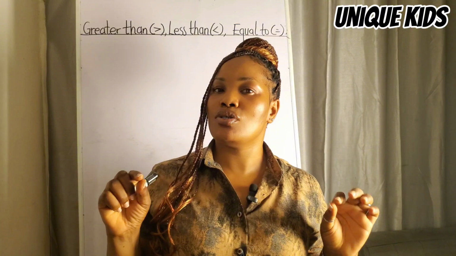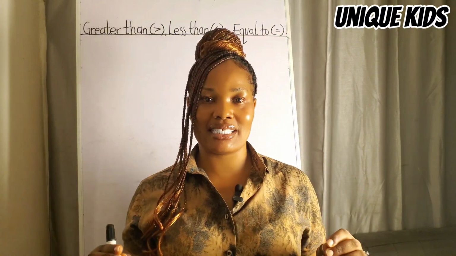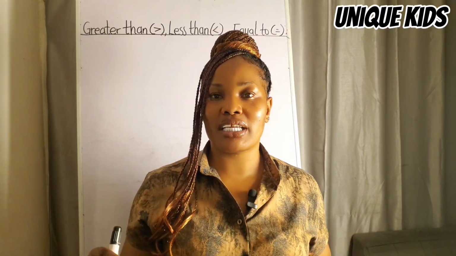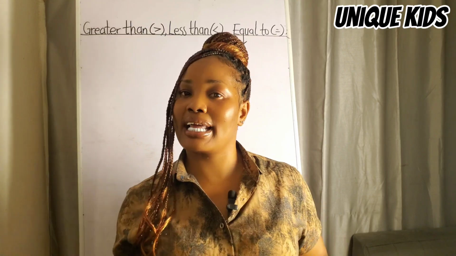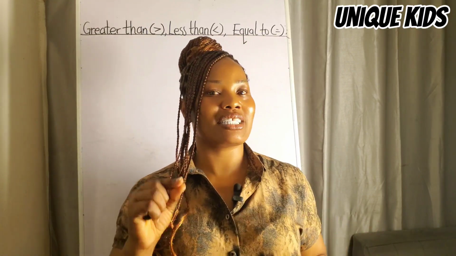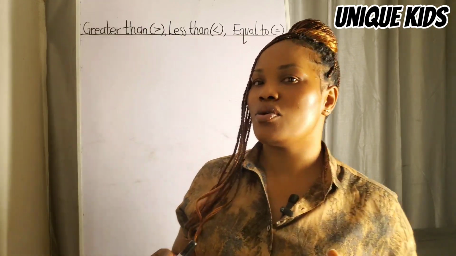Okay, but we're going to use objects for beginners. We have to use objects from 1 to 9 so that you know which is bigger. So let's go with the object.